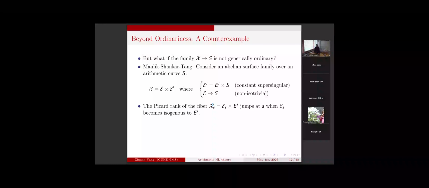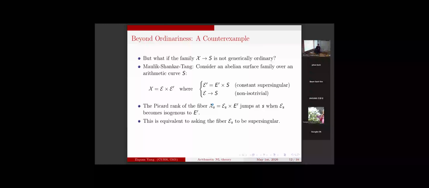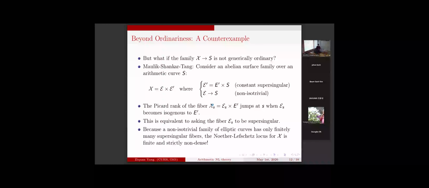And this is equivalent to saying that you want your E to be supersingular, because supersingular elliptic curves are always isogenous to each other, and vice versa. But then we know that in a non-isotrivial family of elliptic curves, there are at most finitely many supersingular fibers. So this implies that the Noether-Lefschetz locus for this family is finite, and in particular not Zariski dense.